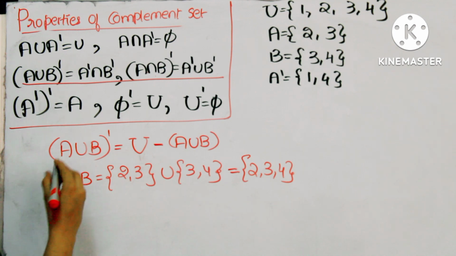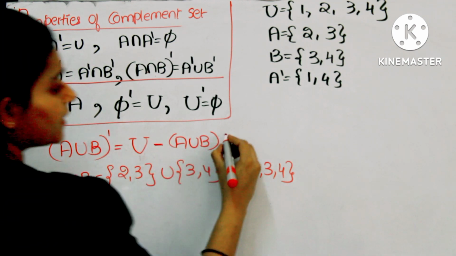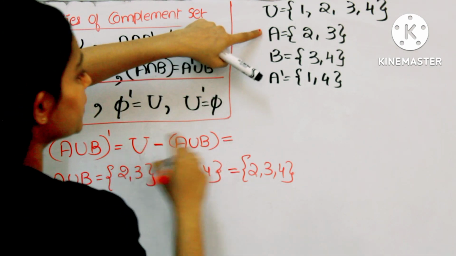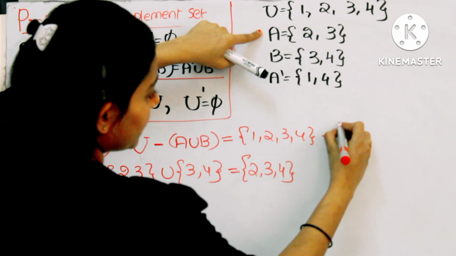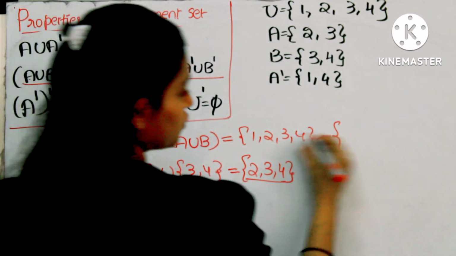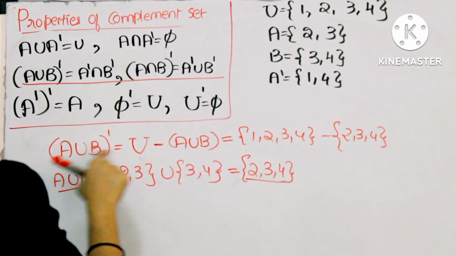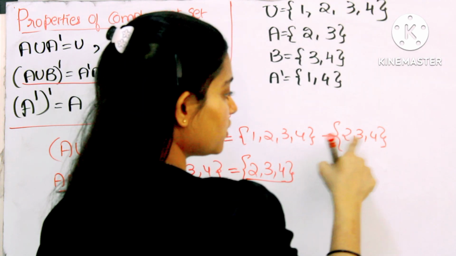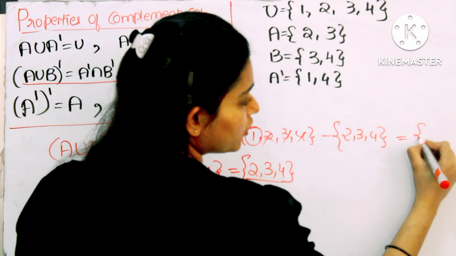So now we want A union B whole complement, that is U minus A union B. What is U? U is 1, 2, 3, 4. Minus A union B, which is 2, 3, 4. So remove 2, 3, 4 from U. If you subtract, you write the remaining in the universal set.